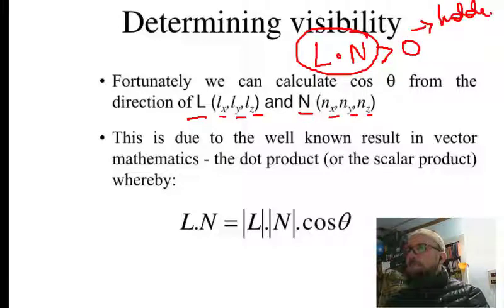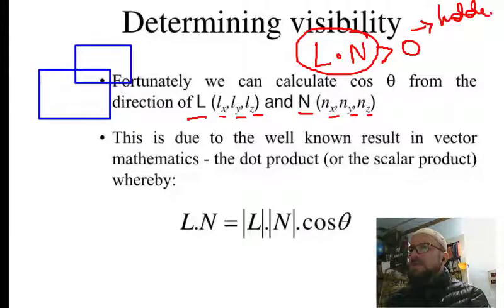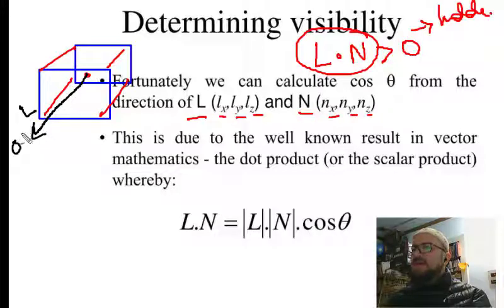I just make it again. What is L and what is n? Don't get confused with that. If the point is emanating from here, let me change the color to black, if the point is emanating here, this is your eye, then it will be called L, which is the viewing vector.